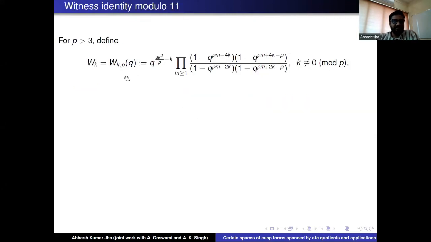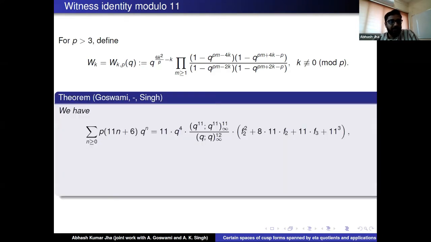Let me define these functions, the W_k functions. These are called Fine's W_k functions, and they are given by this infinite product. So this is the witness identity we obtained. Here p(11n+6) is given by 11 times q to the power 4, this eta quotient, times this expression.